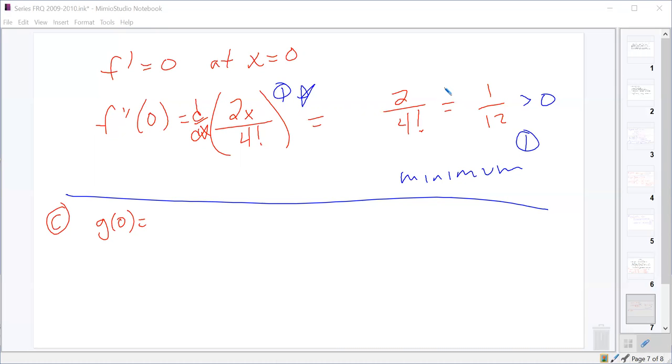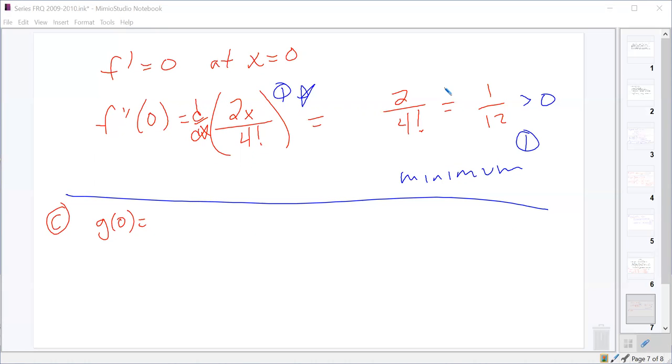So Delphine, I'm finding g of 0 because we're supposed to be writing a fifth degree Taylor polynomial for g. And in order to write out those polynomials, we need to get the, well, I guess we don't need to.